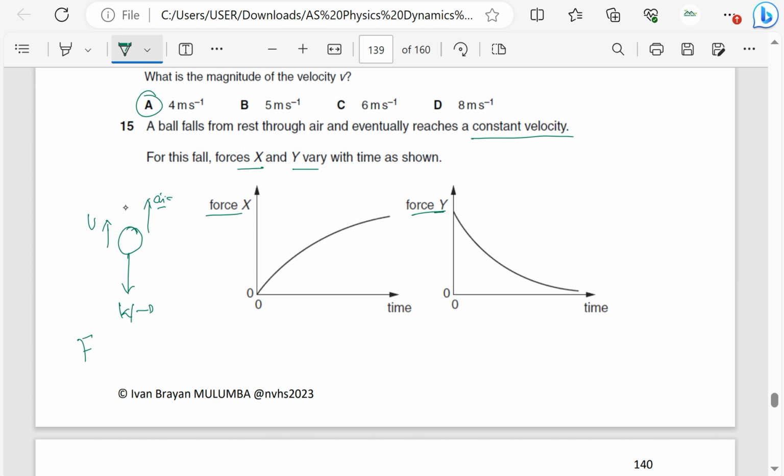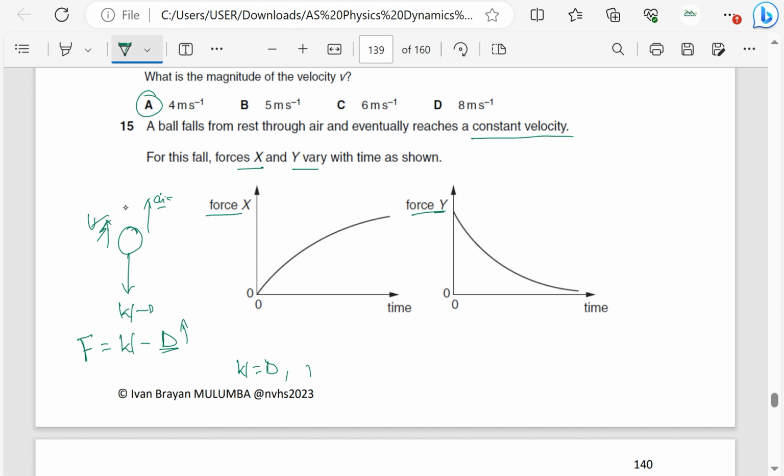So the resultant force is going to be equal to, no, let me just ignore the upthrust because it may be very small. So the resultant force is going to be the weight minus the drag force or the force due to air resistance, which is the viscous drag, sometimes represented by V. The viscous drag increases with time, but then a point reaches where the viscous drag is the same as the weight.